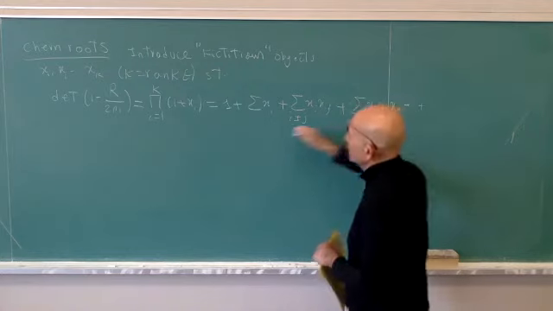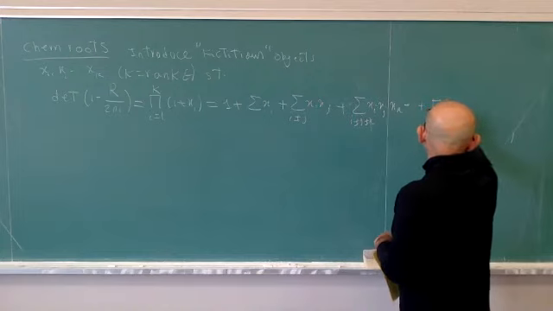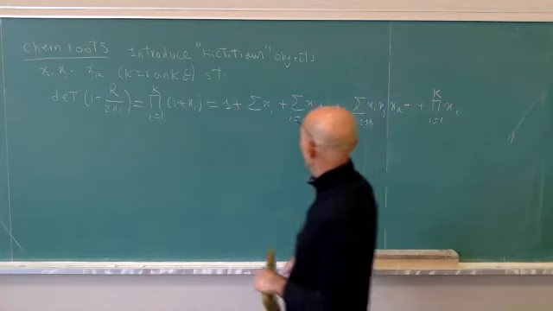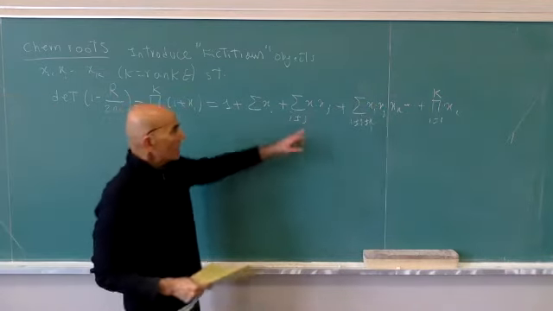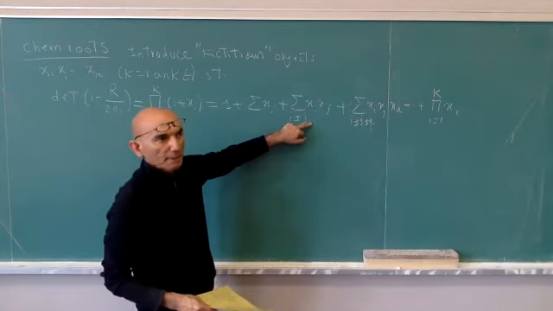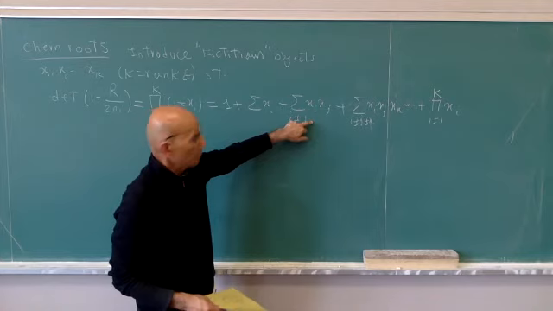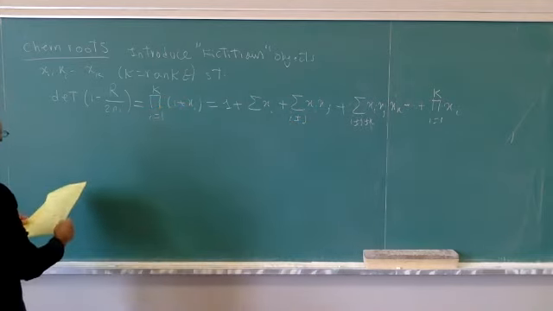And the last one is just the product of these things. So in other words, these are just elementary symmetric functions in these variables x1, x2, xk.